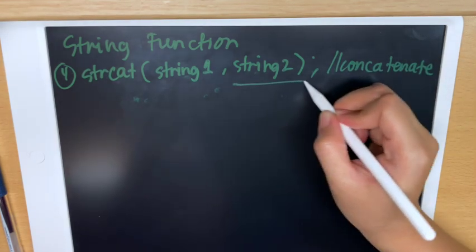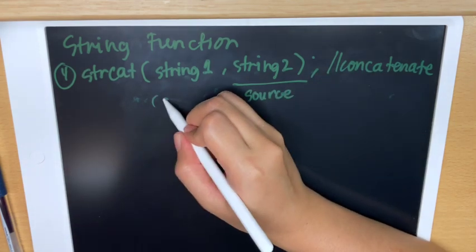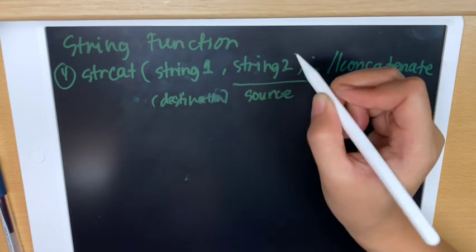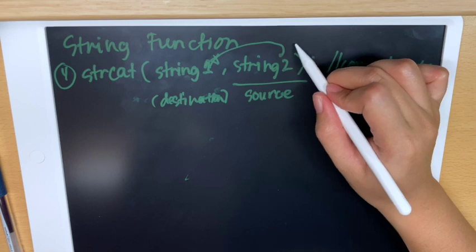So this is still the source and this is your destination. So you concatenate string 2 to string 1, so add.